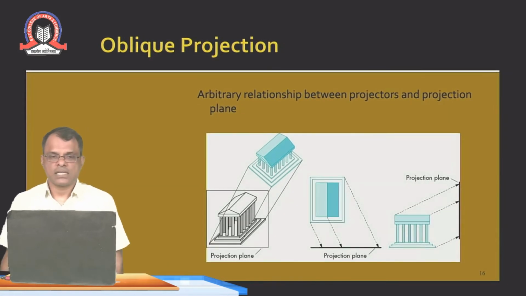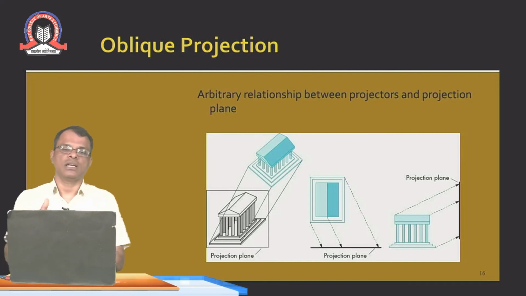Now the next projection is oblique projection. Basically our objects are 3D and we have to draw them on a 2D paper. When drawing them on 2D paper, considering these three views, you can draw the oblique views, top view, front view.